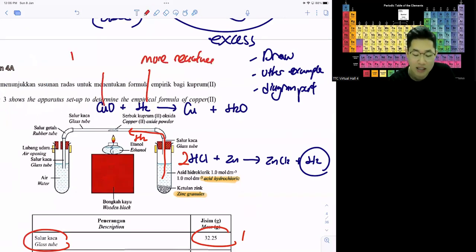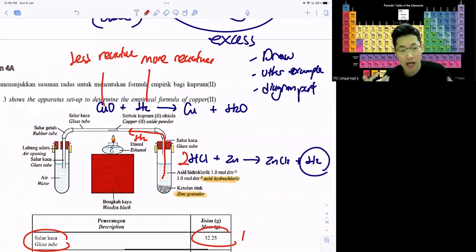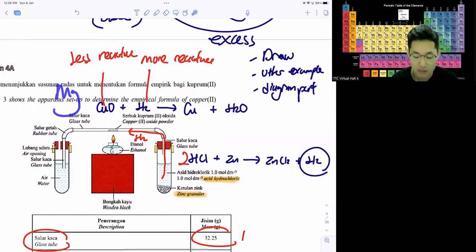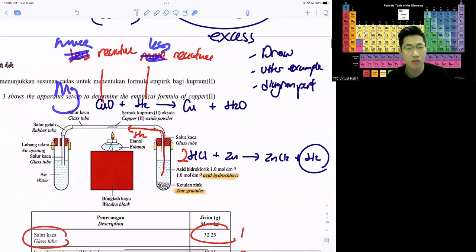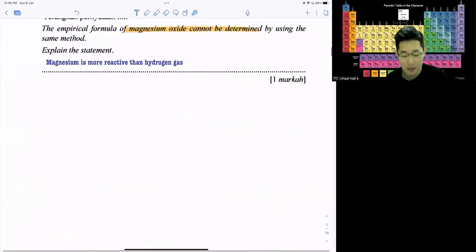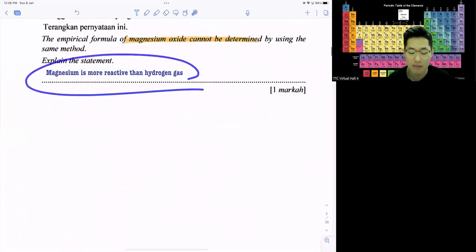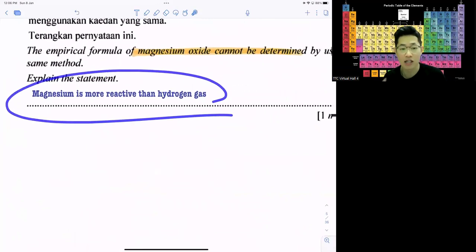And then the copper is less reactive. That's why 他的女朋友会被抢掉. But then when I now change to magnesium, magnesium is more reactive, and then the hydrogen becomes less reactive. Then it is not able to steal people's girlfriend already. So our answer here will be magnesium is more reactive than hydrogen gas.